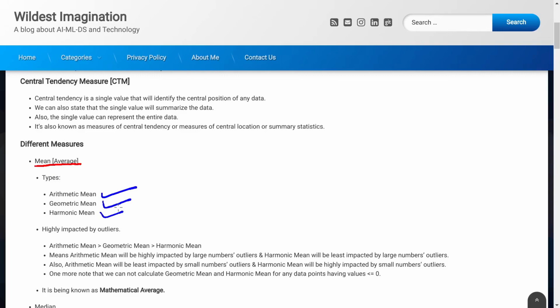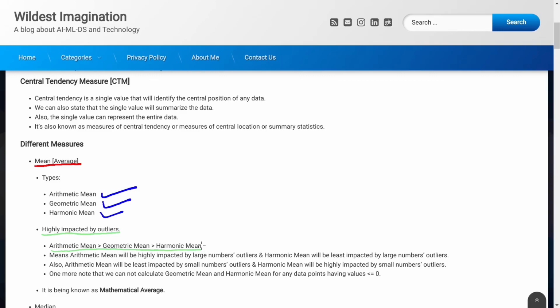Now, if we talk about mean, the mean will be highly impacted by outliers. In the context of outliers, the arithmetic mean will be greater than the geometric mean, and the geometric mean will be greater than the harmonic mean. It means that the arithmetic mean will be more impacted by outliers compared to the harmonic mean.